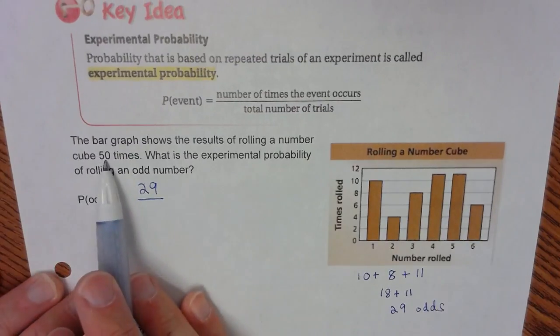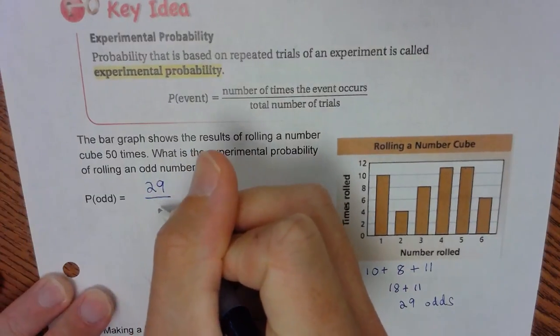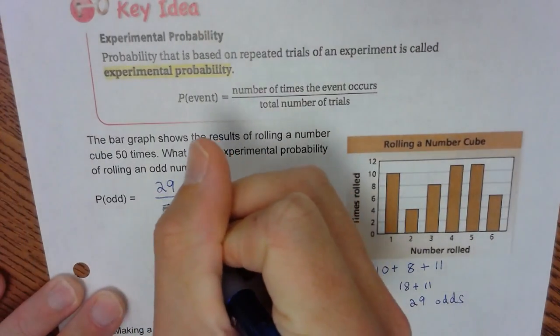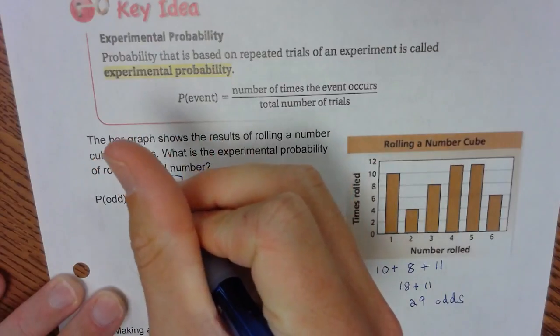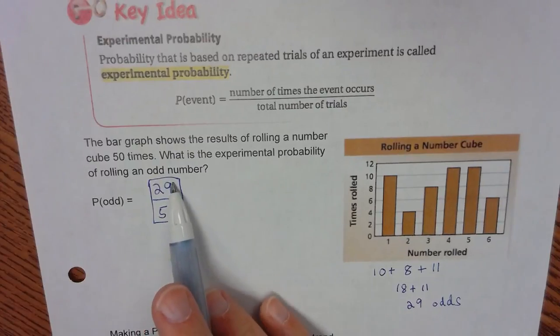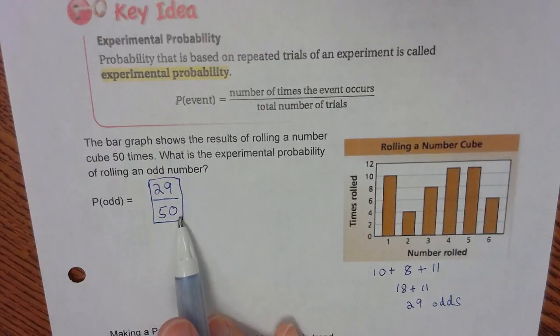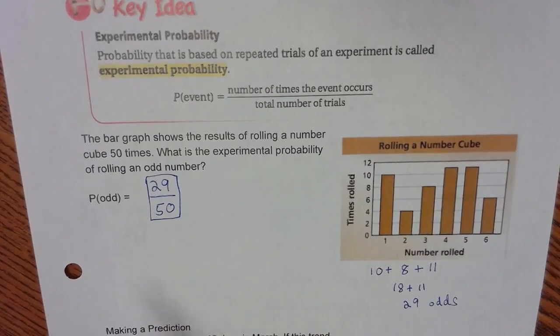Or, if I look at the problem, it told me the cube was rolled 50 times. So the number of trials was 50, and that is actually my final answer. 29 is a prime number, so it cannot be simplified anymore, and you are done.